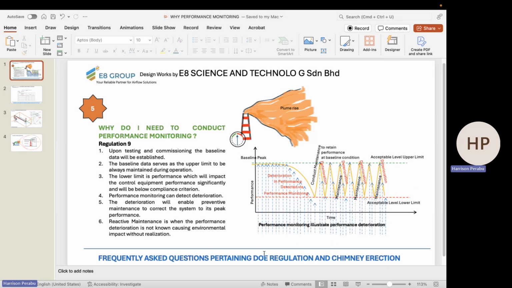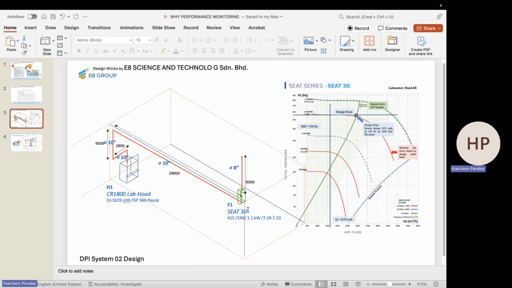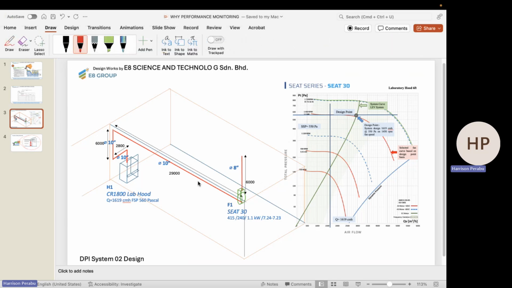So what will happen is, assuming we have the filter panel around here, this is how the system functions: when a fan runs, the highest point of static pressure of the system is near the fan. Assuming we put a number, the number is 8.